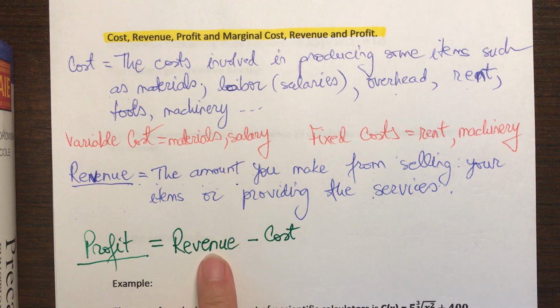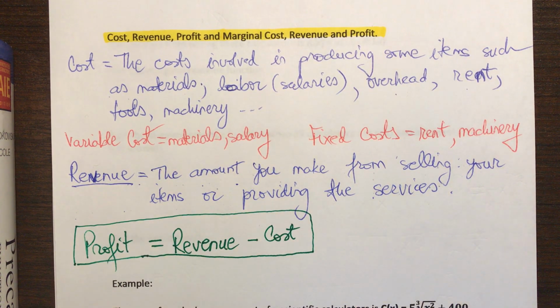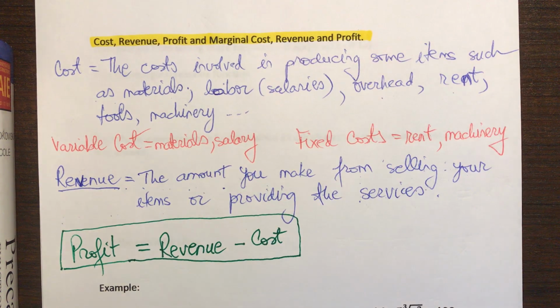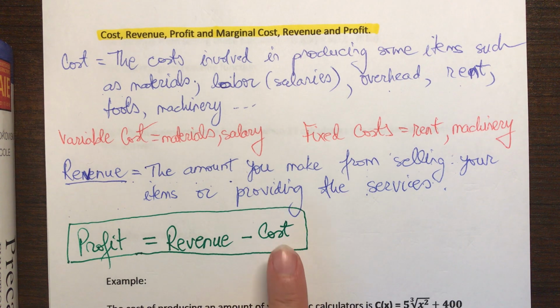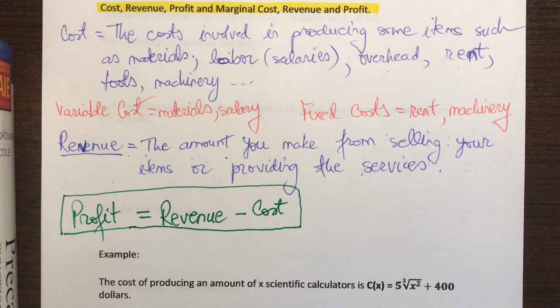So whatever you're making minus whatever you had to spend to produce or to provide those services is money left in your pocket, yes? So you have to spend $10,000 a month for whatever fixed cost, variable cost you have, but you're making $20,000 that month. Well, the $10,000 difference, that's yours to keep. Yes, you've paid all your salaries, taken care of your costs. So that's your profit.